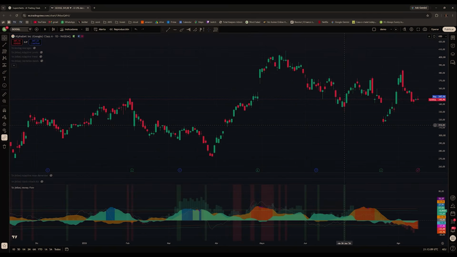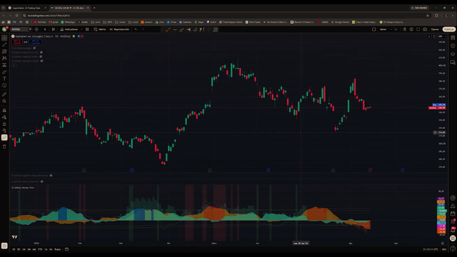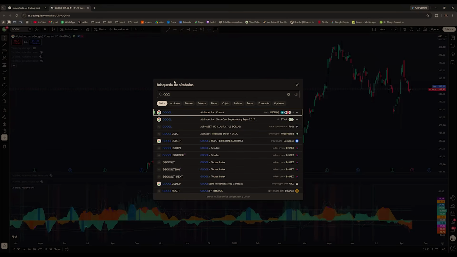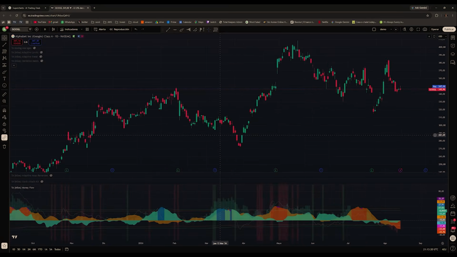Mm-hmm. Yeah, interesting. I think that for the indices this is more helpful, but that period you were just pointing out in Google, there was accumulation before that final dip.